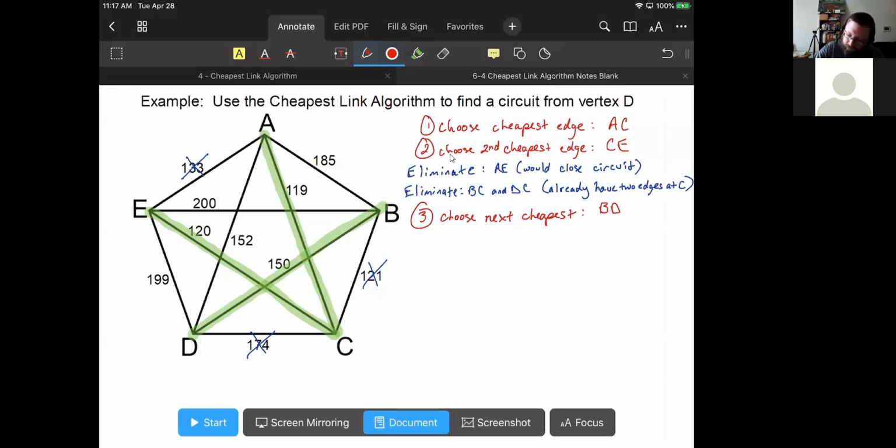Okay. Now, BD is not connected to the other piece, the ACE piece. So no edges are going to be eliminated.